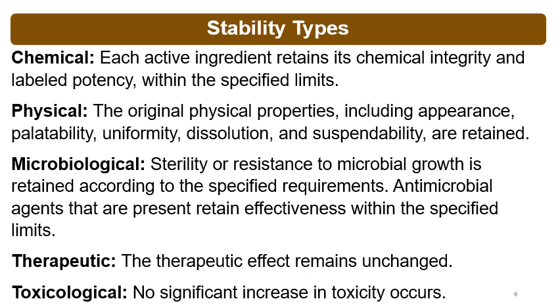Antimicrobial agents that are present retain effectiveness within the specified limits. Therapeutic stability, the therapeutic effect remains unchanged. Toxicological stability, no significant increase in the toxicity occurs. So this information I have taken from USP general chapter, and this is a very basic part, and it is very much required for the understanding of stability.